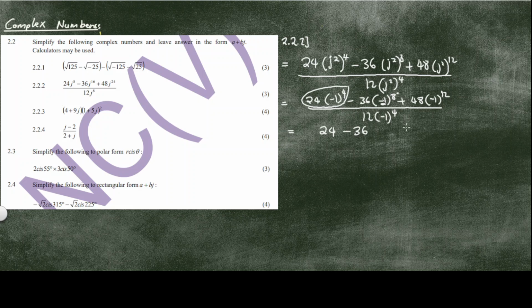Then minus 1 raised to exponent 12 is also positive, so I'm going to have 48 over 12. Even here I'm going to have a positive 1. So this is the answer. This is what we end up with. 24 minus 36 plus 48 gives us what? I must add them together. 24 minus 36 plus 48 is equal to 36.